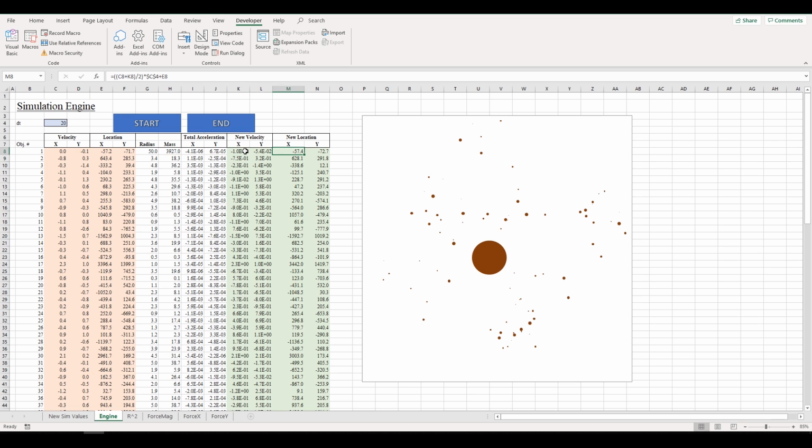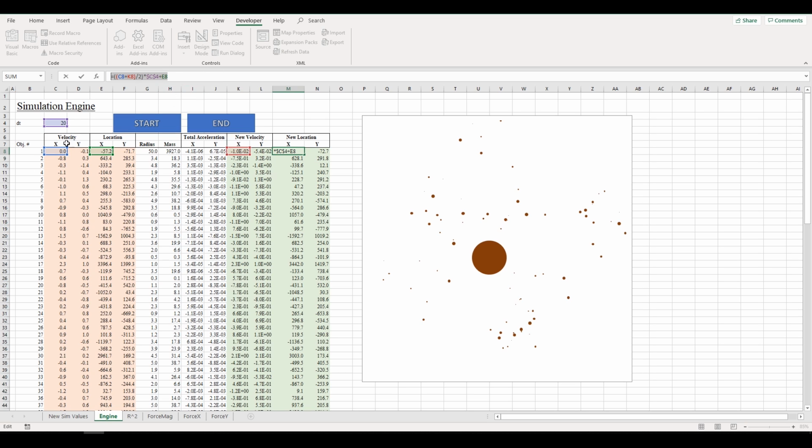And then the velocity and locations in the next time step that we care about are just going to be whatever your velocity is now, adjusted by acceleration. And the location uses, again, one of those equations of motion.